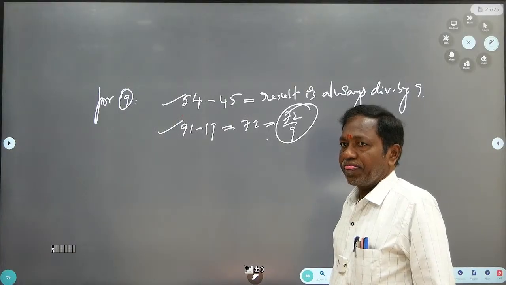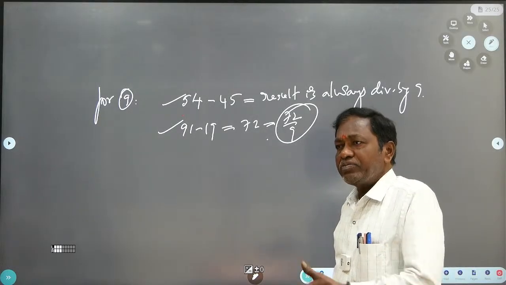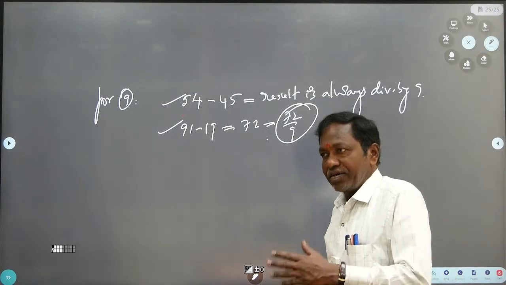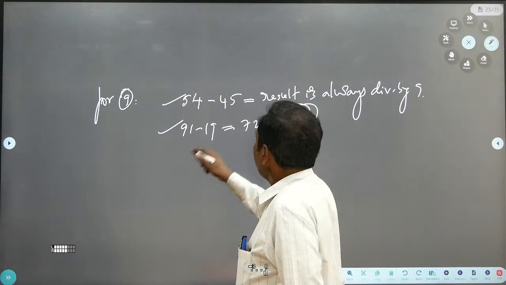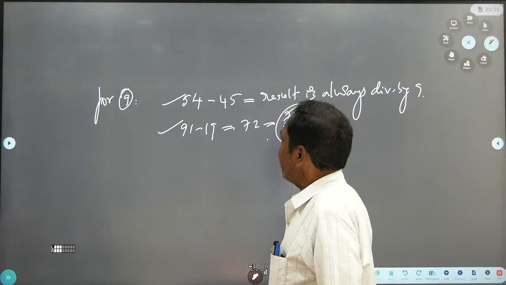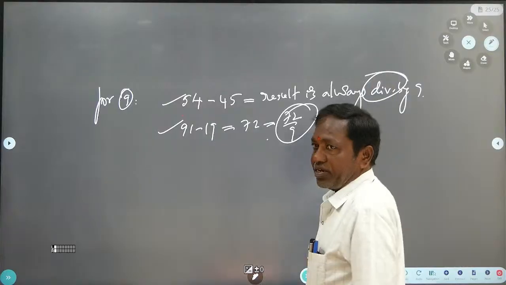But when it comes to the CSAT, that equation I will tell now. For example, the result is already divisible by 9, or you can say multiples of 9. I spoke about the divisibility rule here.